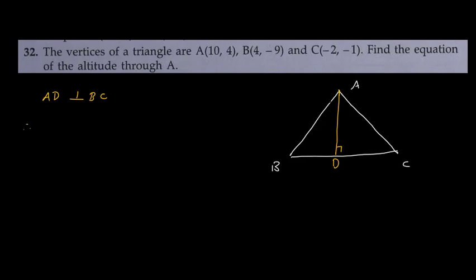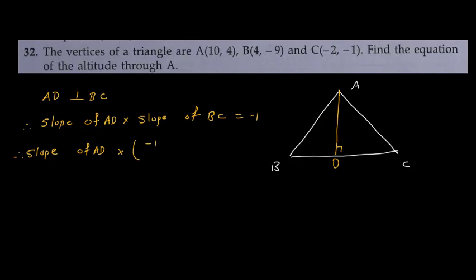So here AD is perpendicular to BC. Therefore I can say that slope of AD multiplied by slope of BC is equal to -1. Now slope of AD we don't know, so I will write slope of AD only into slope of BC. Slope of BC, C minus B, that is (-1 + 9) divided by (-2 - 4), which equals -1.